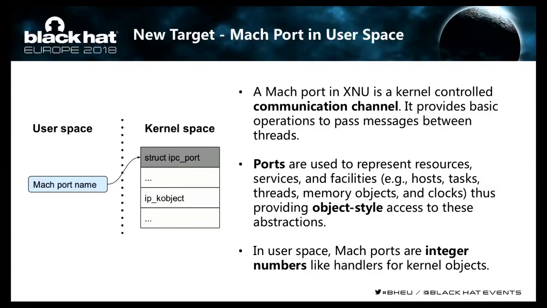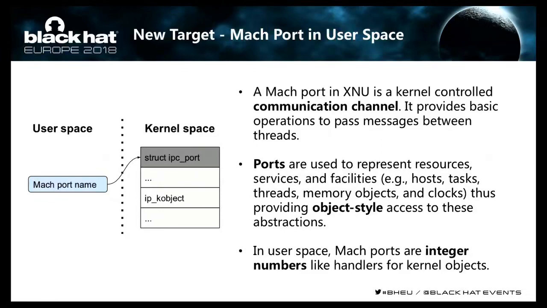So what is a Mach port? A Mach port in XNU is a kernel-controlled communication channel. It provides basic operations to pass messages between threads, and it can be used to represent resources and services, thus providing object-style access to these abstractions.